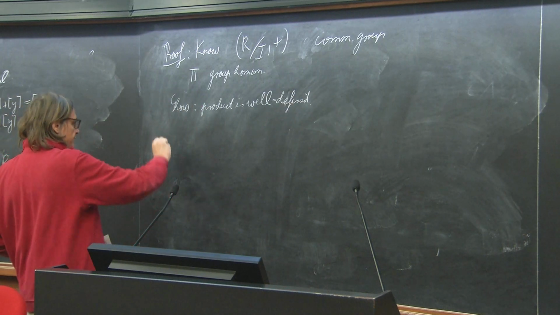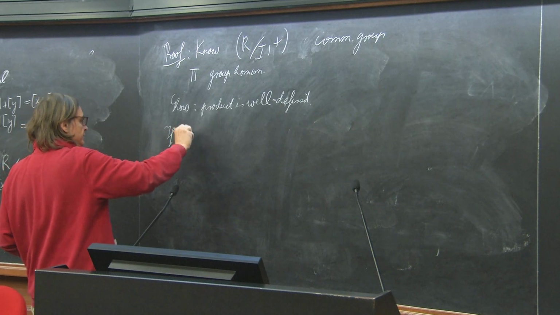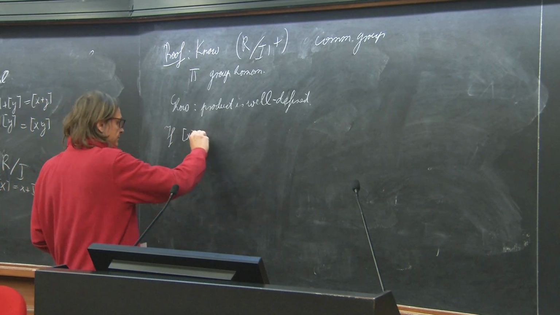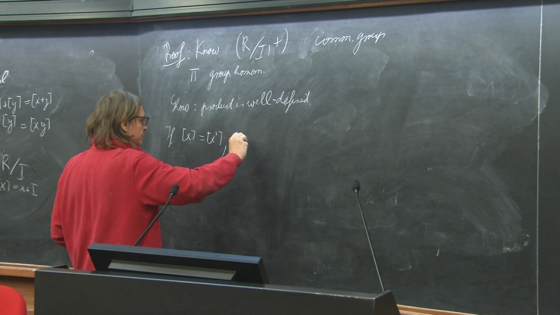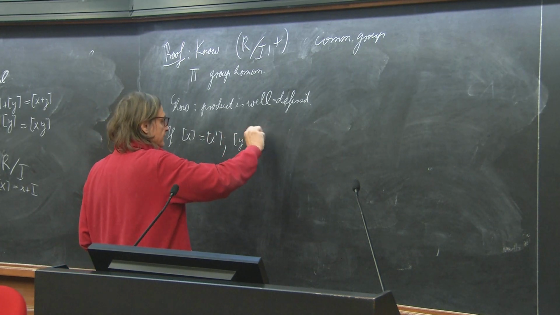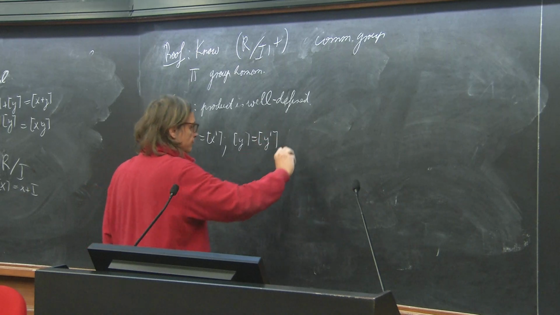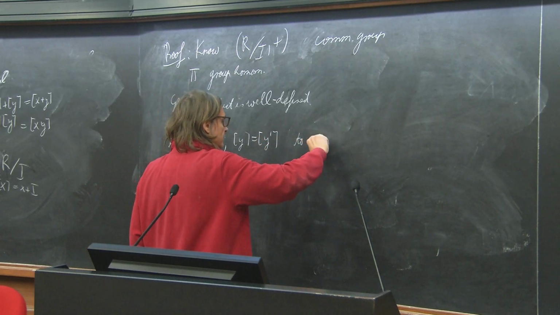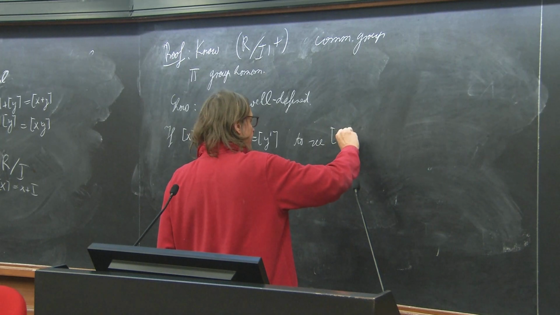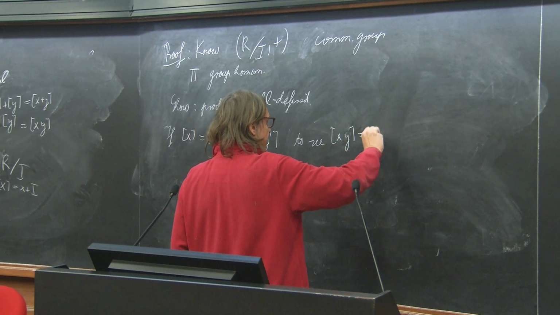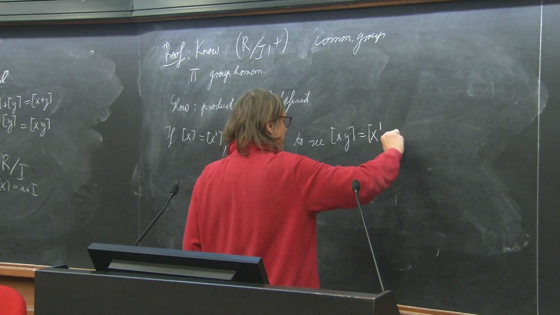So that means if the class of x is equal to the class of x prime, and the class of y is equal to the class of y prime, we have to show that the class of x times y is equal to the class of x prime times y prime.